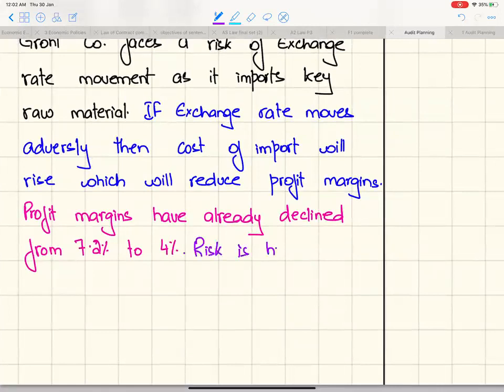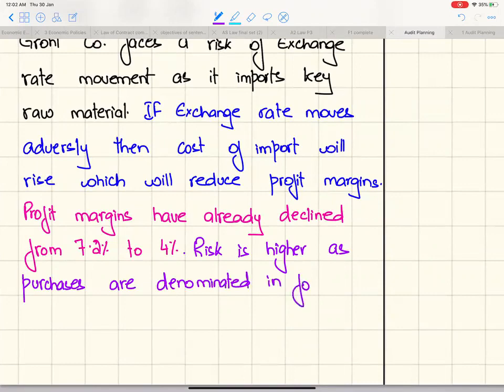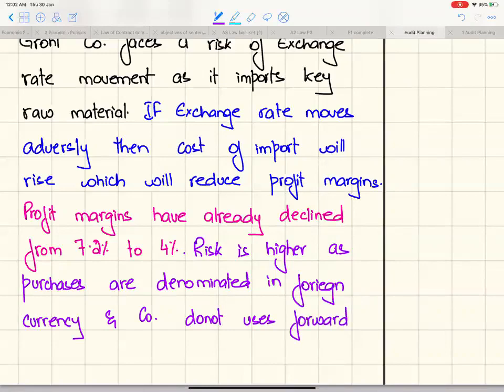Risk is higher as purchases are denominated in foreign currency and company do not uses forward exchange contract. So now this is the evaluative comment which shows that risk is higher.